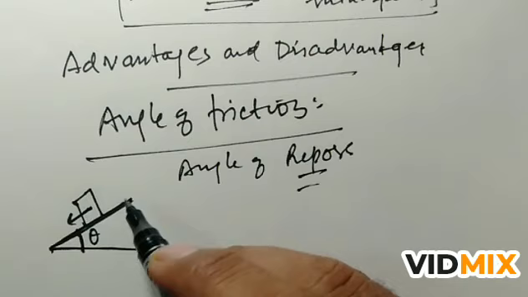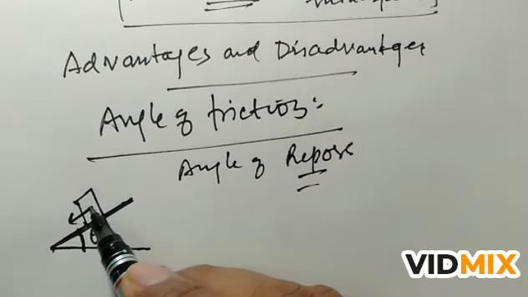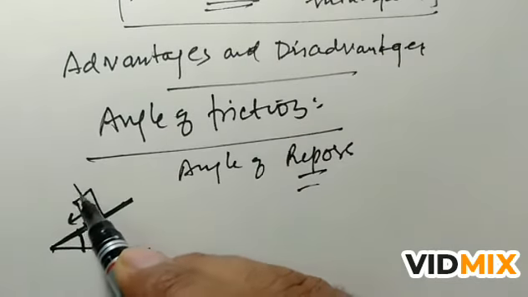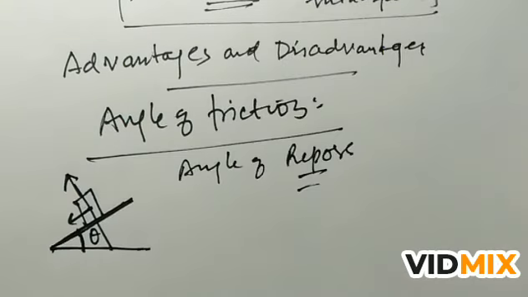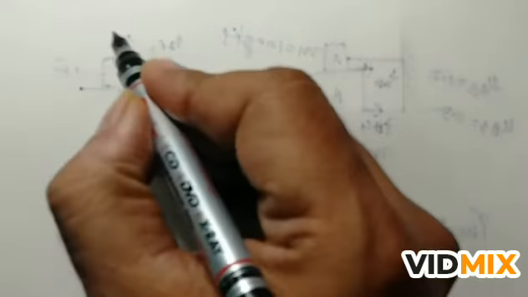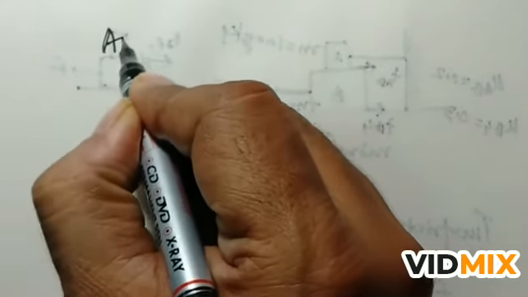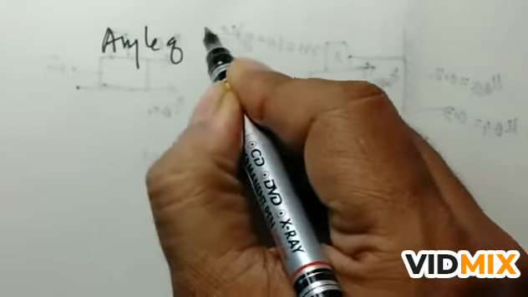Now, how can you find this angle of friction?